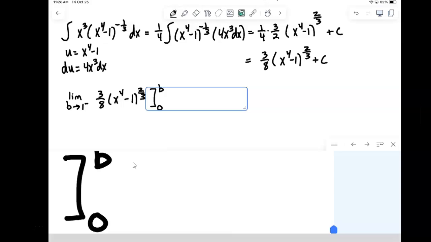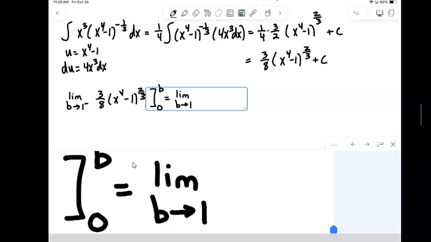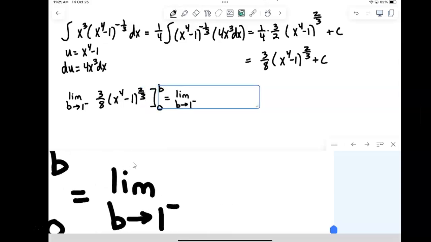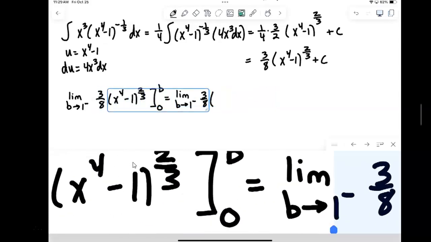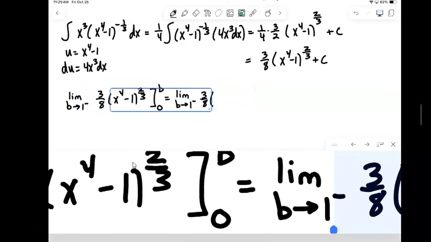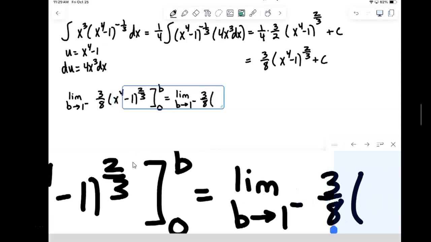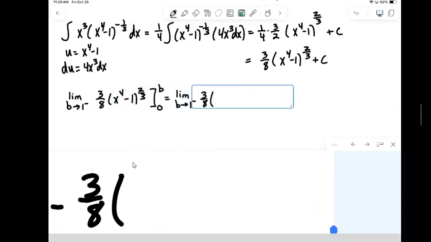So we work that out. It's going to be the limit as b approaches 1 from below of 3/8 times, when we plug b in, that's going to be b to the fourth. 1 to the fourth minus 1 will be all 0. 0 to the 2/3 would be 0.